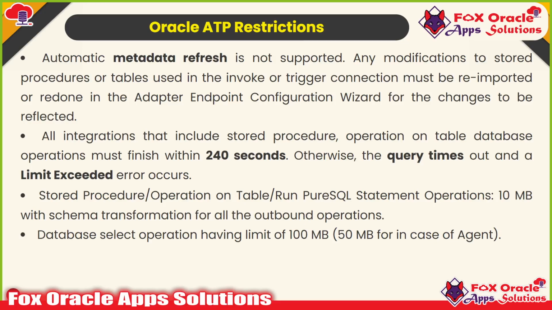Sometimes they have to implement security in the database, so that outside that specific network nobody can access the database. At that time, OIC also will not be able to access that ATP database, even though it's on the cloud. So we have to use an agent to make connectivity with their server, which we already discussed. We'll see how the agent can be used in OIC in one of our upcoming sessions. So let's move to the next part.